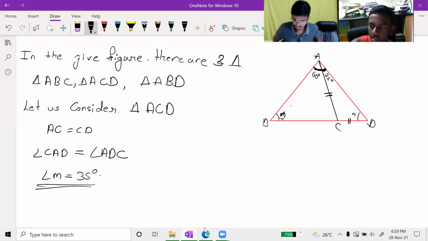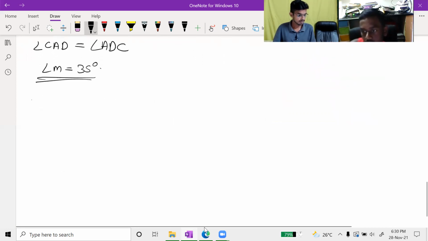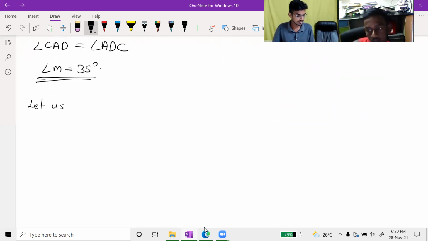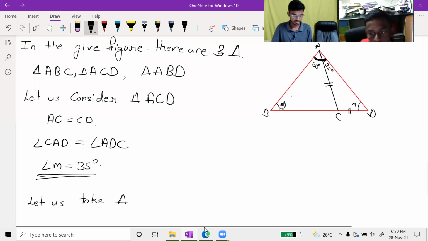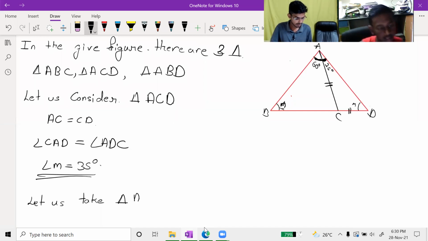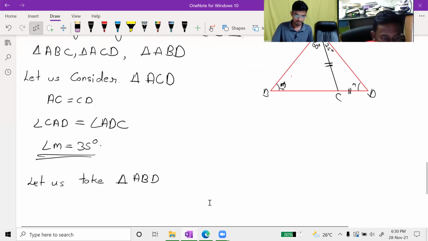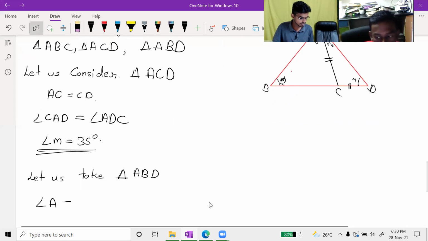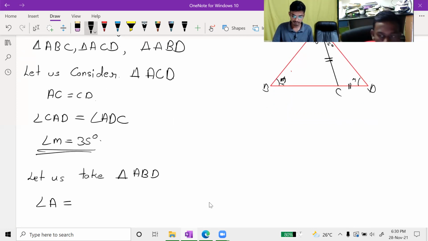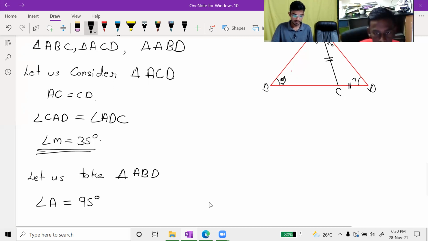A, B, and D. Now let us take triangle ABD, where angle A is equal to how much? Angle A is equal to 95 degree.